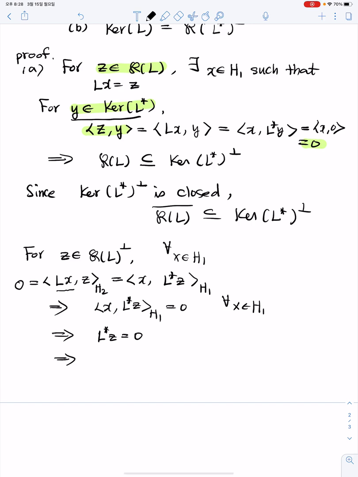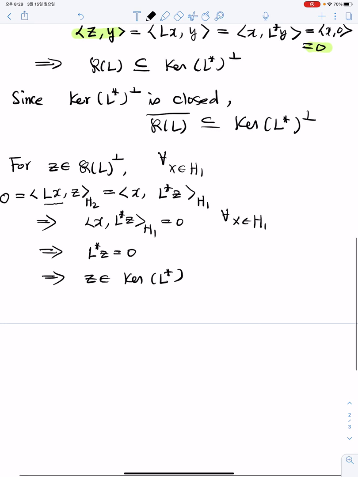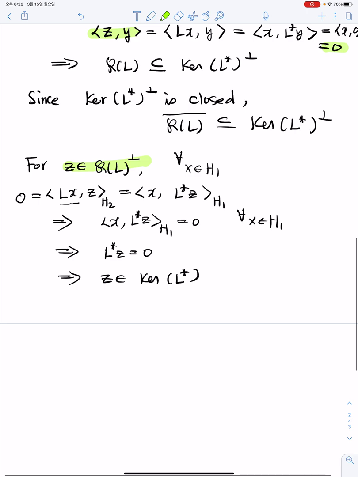So that implies Z is in the kernel of L star. Okay, that's what we have. So for any element in the range of L orthogonal, it is in the kernel of L star. So we have the range of L orthogonal is a subspace of the kernel of L star.